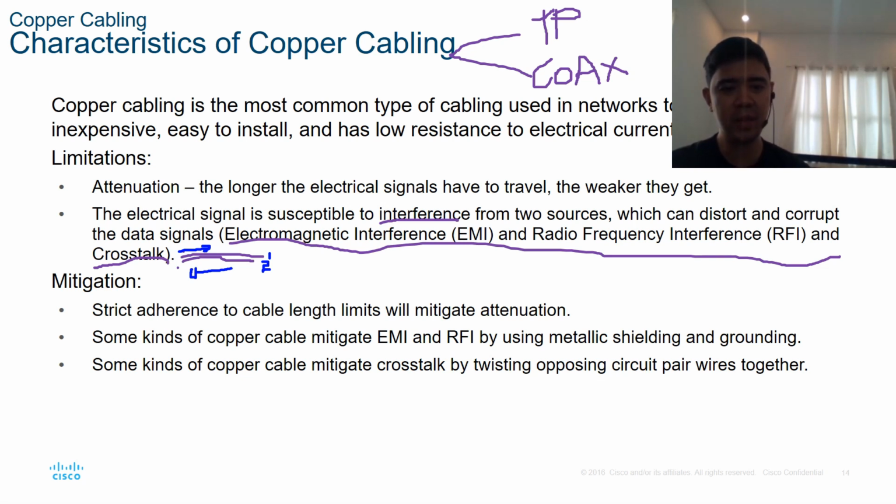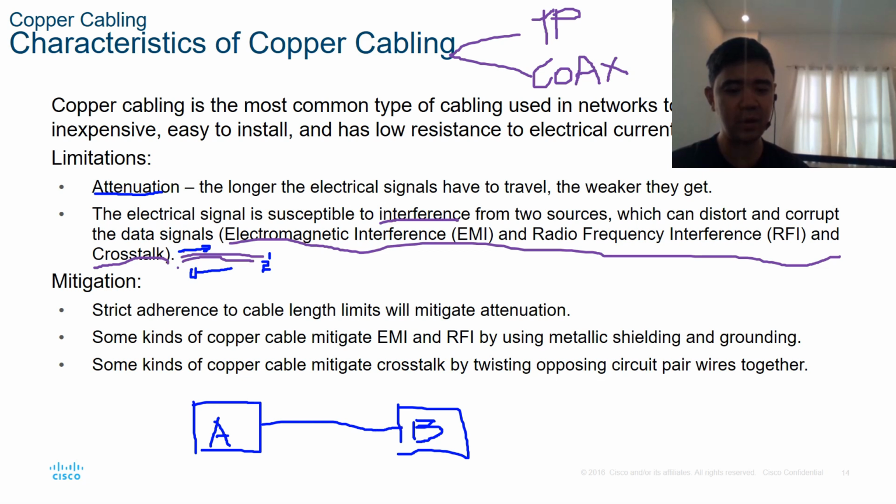Another issue with cables is what we call attenuation, the weakening of signal strength. If we use cables, there's a maximum distance we need to consider. For example, if I connect A to B using twisted pair, the maximum distance is 100 meters.